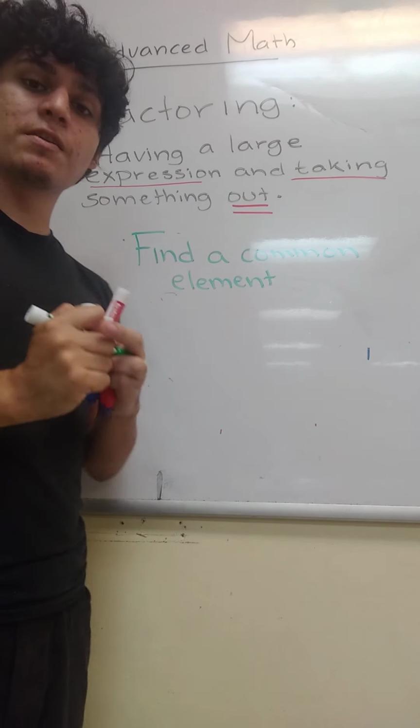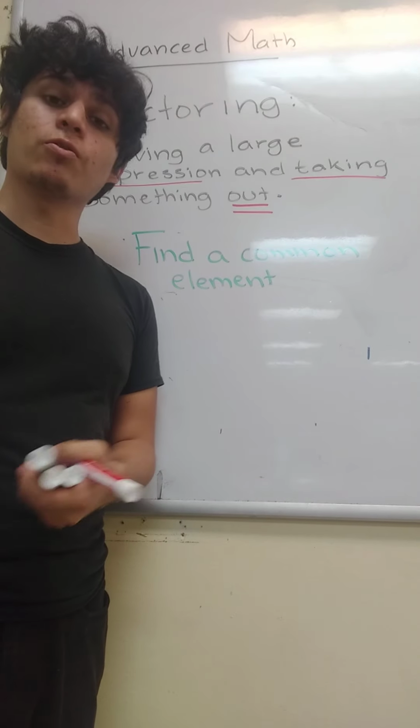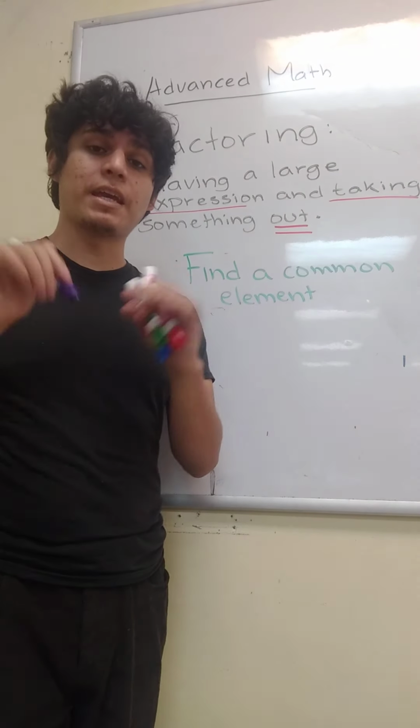Now, I'm sure that you guys have already seen factoring before, so I don't need to go through it all again. But let's go ahead and do some examples of factoring.